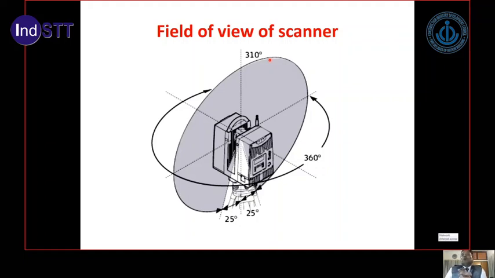So it has made the surveying work and data collection very easy, and a large amount of data you can collect very easily, quickly, and very accurately with the help of this kind of equipment.